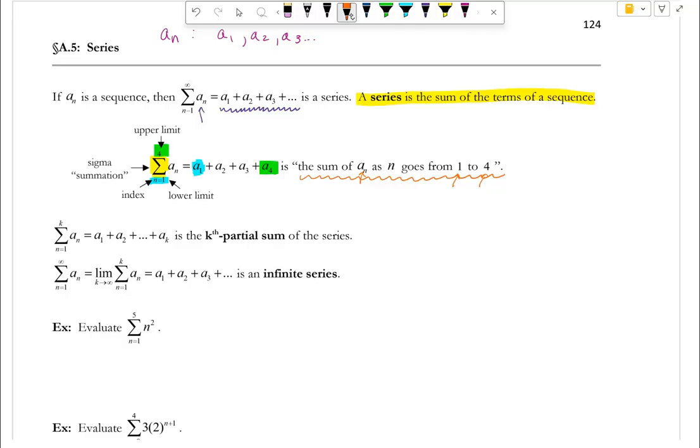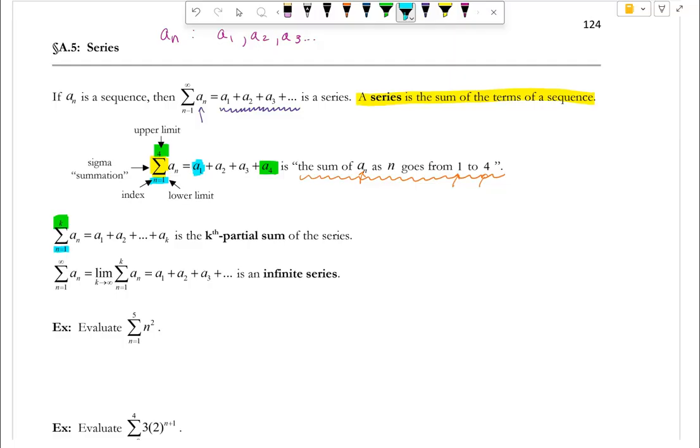So when we see a series where we have a value on top, so when our upper limit is a number, when k is a number, this tells us to start adding, in this case, with our first term, because we would start when n equals 1, and stop when n equals k.